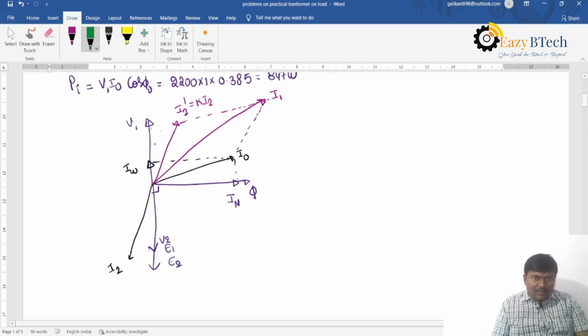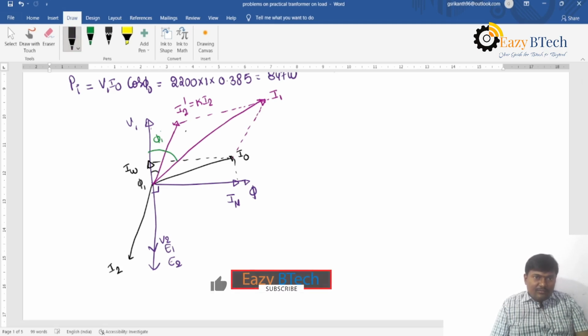The angle between V1 and I1 is called the primary power factor angle, and the angle between V1 and I2 dash is called phi 1 dash, and this one is phi 2. The angle between V1 and I0 is the no load power factor angle.